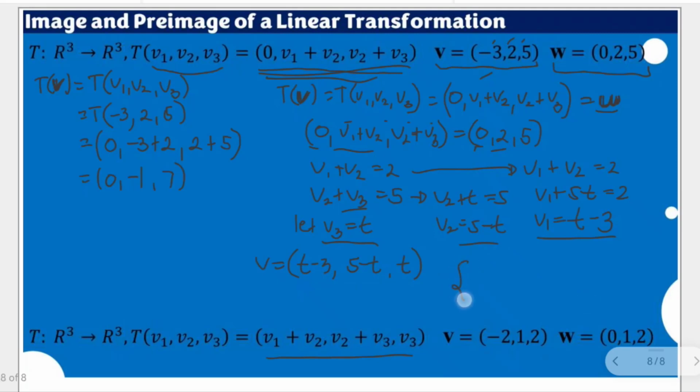So you will have the set of vectors (t minus 3, 5 minus t, t) where t is an element of R. That would mean there are infinitely many possible vectors that are pre-images of your vector W. So this is for our first set. We still have the second set, and let's find out if we have a specific pre-image for W later.